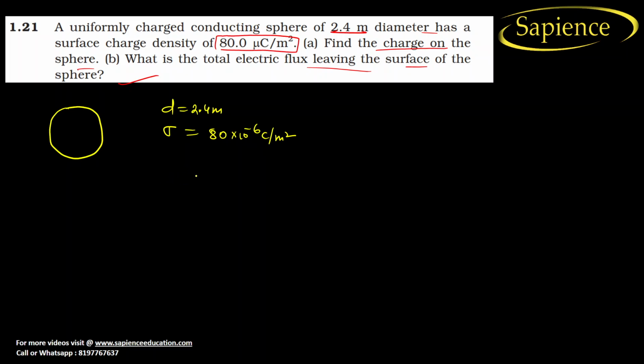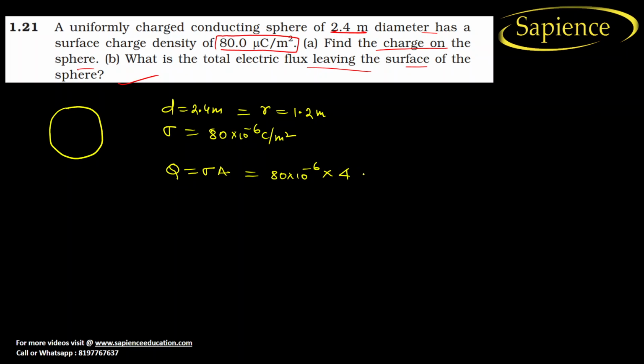Now the total charge on the surface of the sphere. We know that total charge q is equal to sigma into area. From here we can find out the radius is equal to 1.2 meter. Sigma is 80 into 10 to the power minus 6, into the surface area, which should be 4 pi r square.